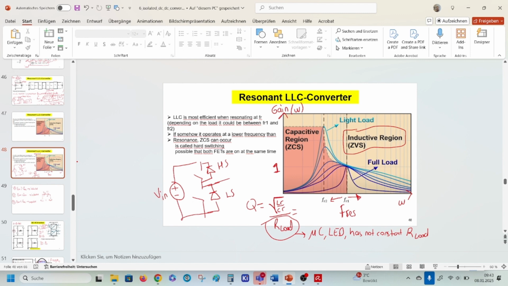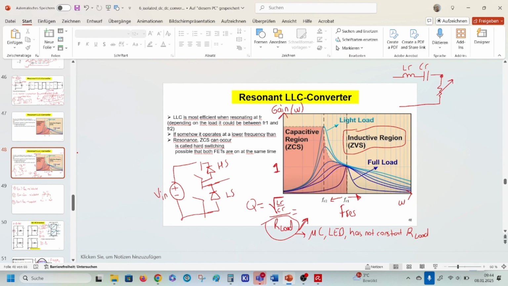If this changes, the gain will be changed. This is our circuit, and this is our load. And these two are fixed components, but this is variable.